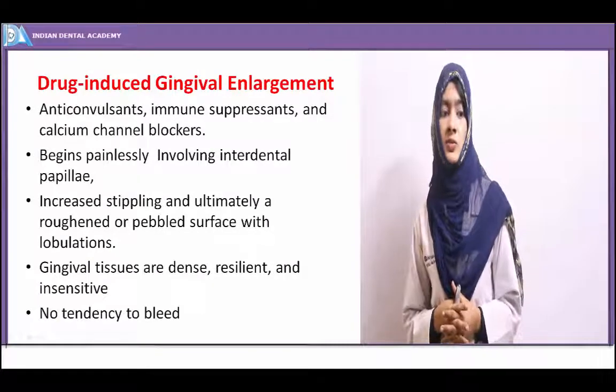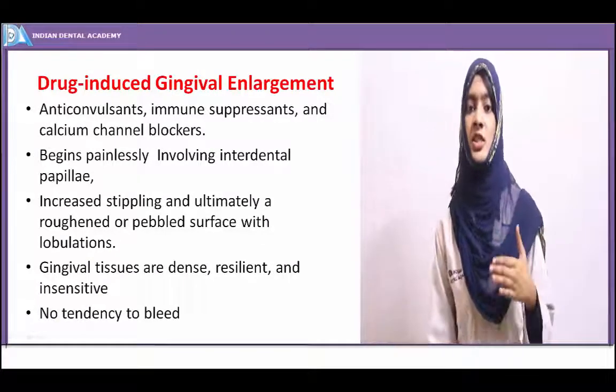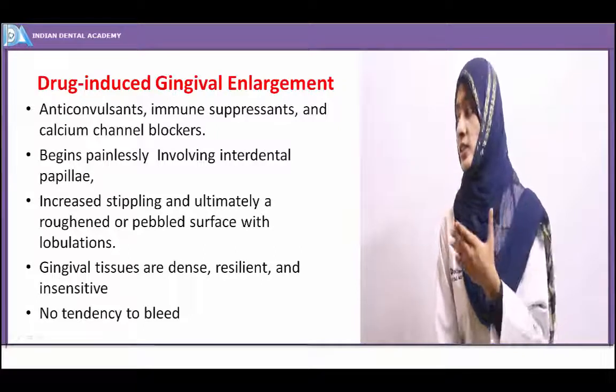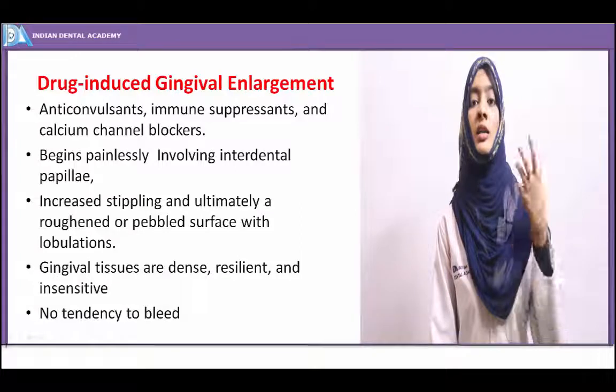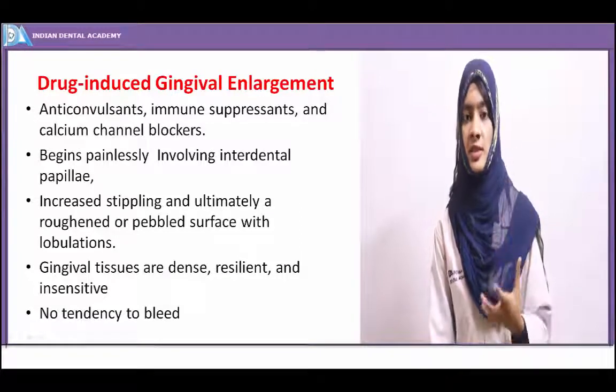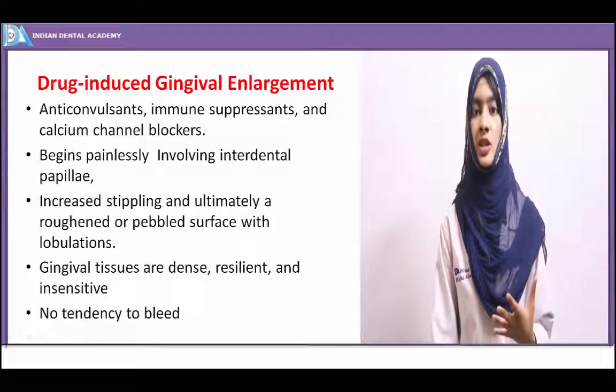Drug-induced gingival enlargement. As we know, a lot of patients are using anticonvulsants, immunosuppressants, and calcium channel blockers. They are using these medications for treating systemic conditions.